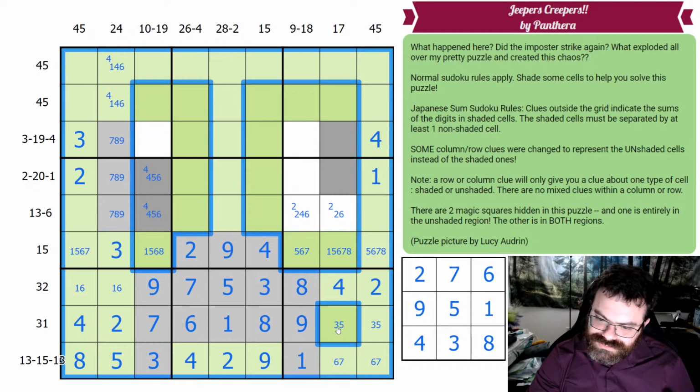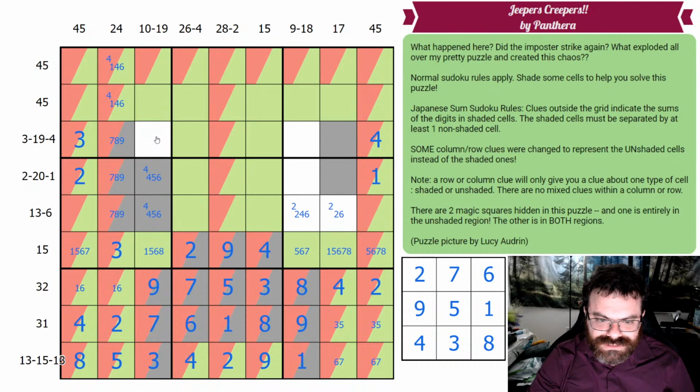Could this be the magic square? No. The 8s can't be across from a 2. I'm gonna read those out. All right. Could we be centered here? No, it's diagonal with a 3. This 8 couldn't have a 2, so that's not the center. Can't be centered here. That's diagonal with a 7.